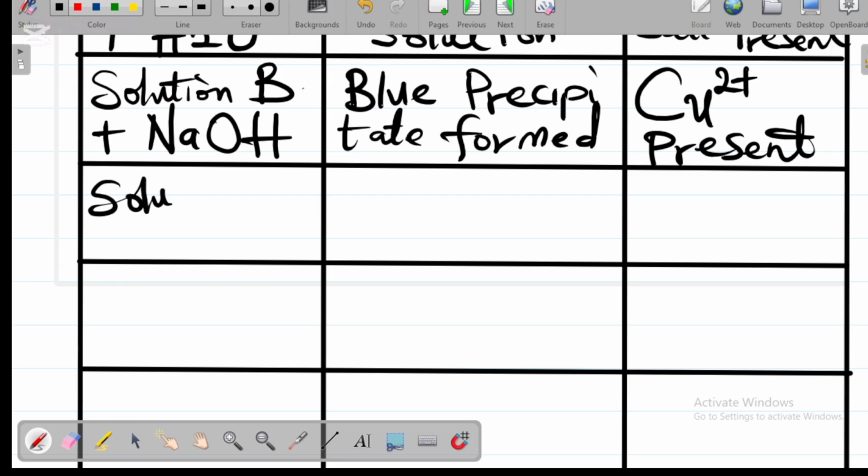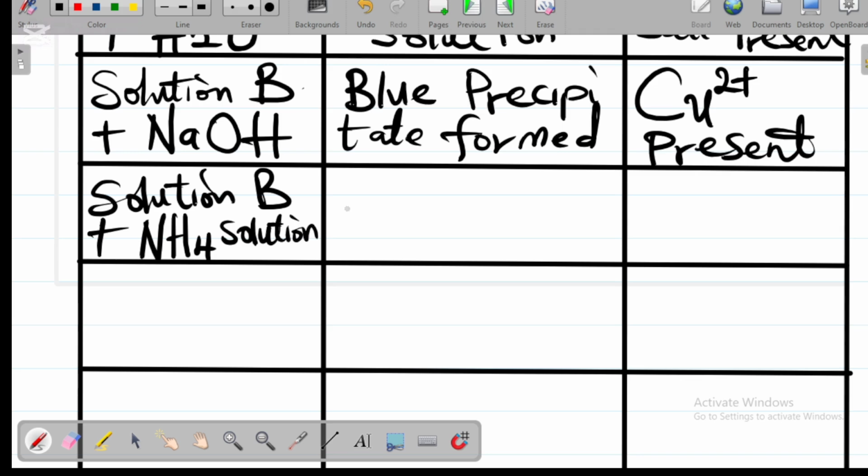So solution B plus ammonium solution. So what should be your observation?